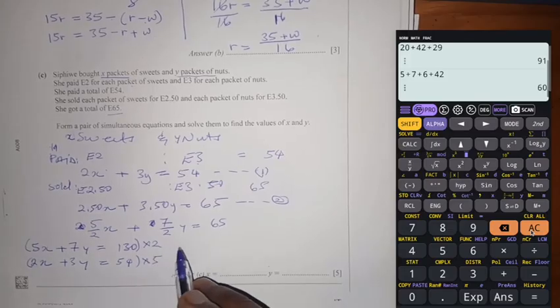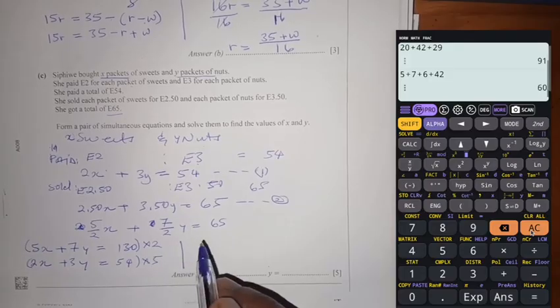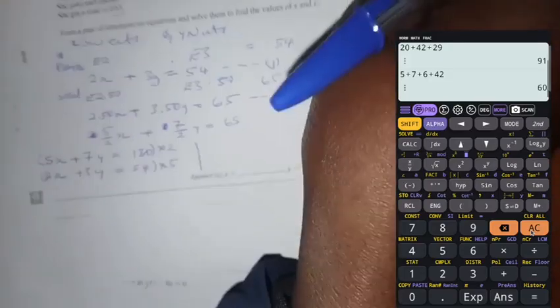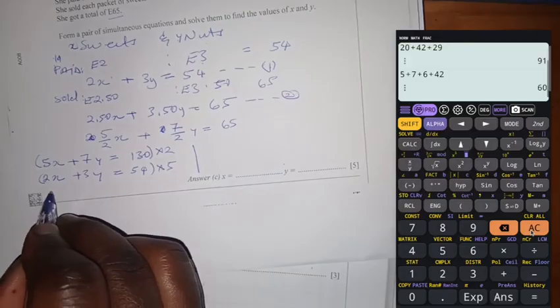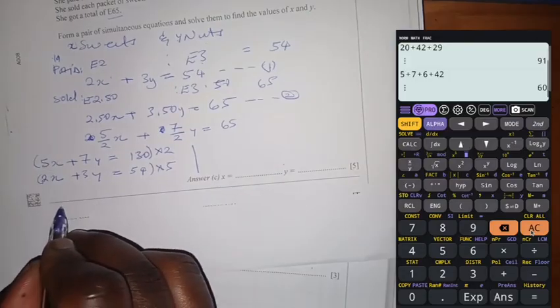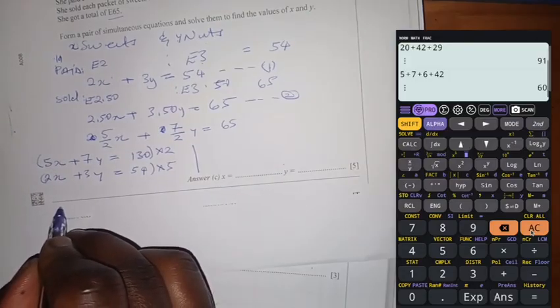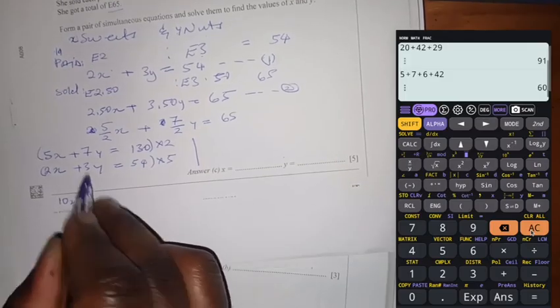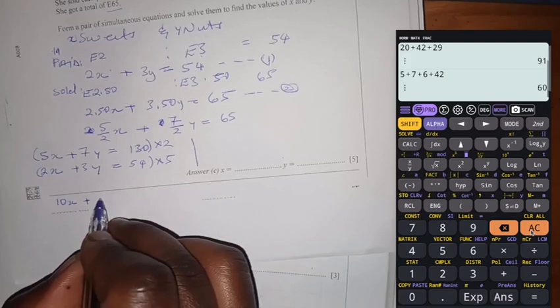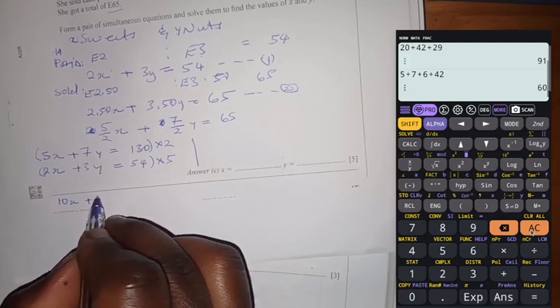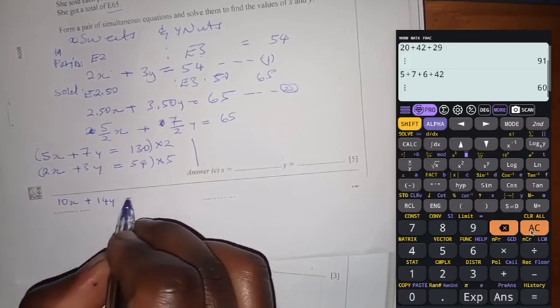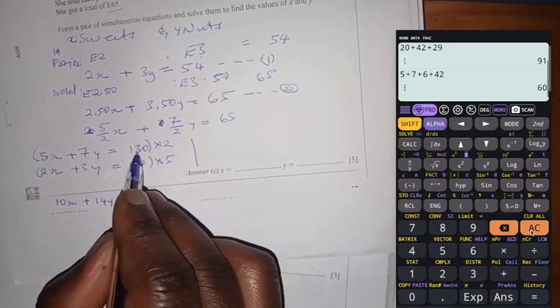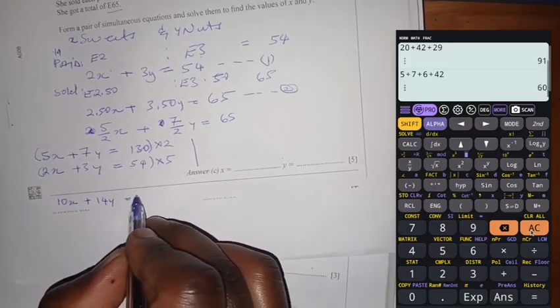After doing that, we get 2 times 5, that's 10x, plus 2 times 7, that's 14y, equals 2 times 130, that's 260.